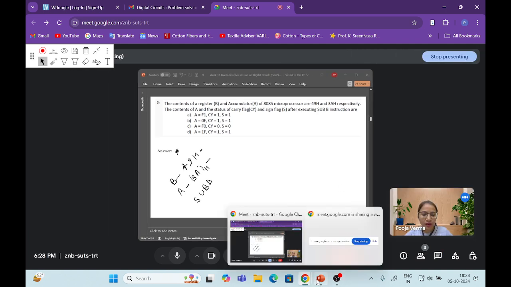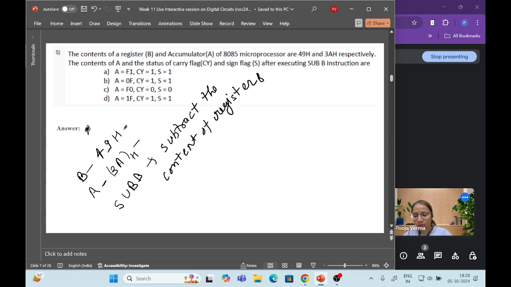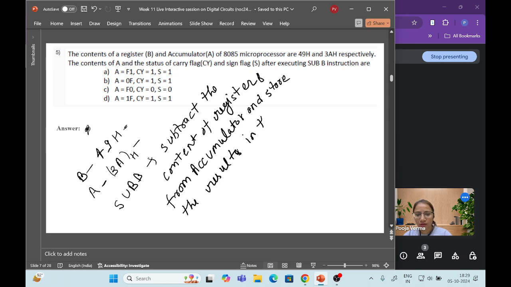Okay, SUB B means subtract the content of register B from the accumulator and store the result in the accumulator.